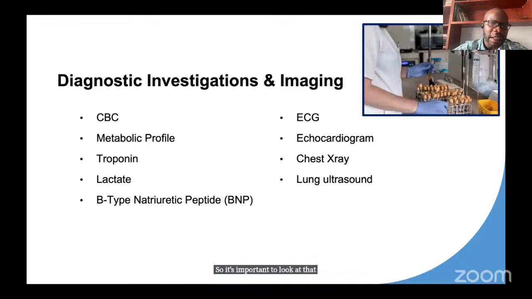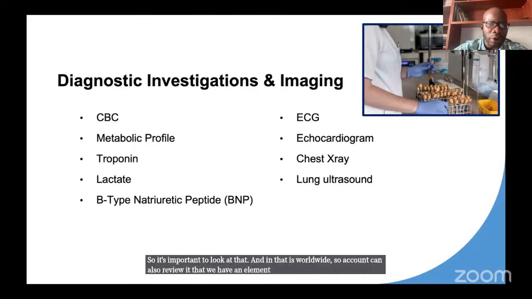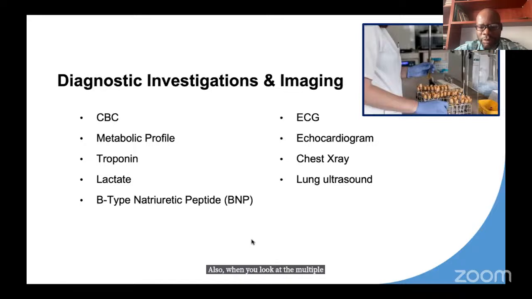The white cell count can also reveal whether we have an element of septic shock in the patient. Also, when you look at the metabolic profiles, an important thing is that metabolic acidosis can be a reflection of hypoperfusion of your tissues. So it's important to look at that.